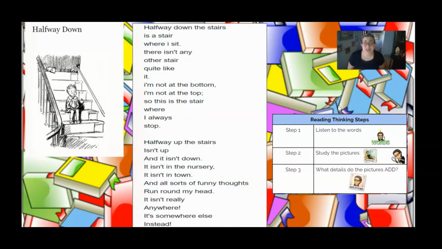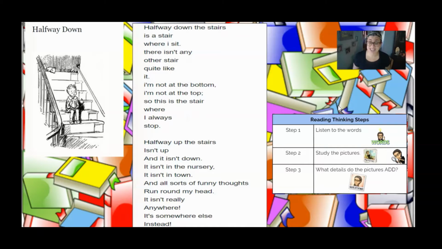I'm going to read Halfway Down, and then your teacher might pause the video and read it again. Halfway Down. Halfway down the stairs is a stair where I sit. There isn't any other stair quite like it. I'm not at the bottom. I'm not at the top.